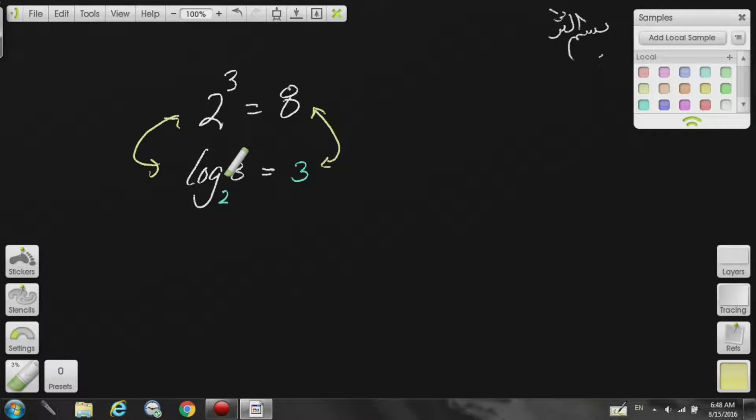The term log is short for logarithm, meaning a process or a guided set of rules, so to speak. The first thing we have to learn is to speak the language of logs. In other words, we have to be able to convert equations like this to equations like this, and vice versa. It's like converting English to Arabic, Arabic to English. We should be able to translate these two equivalent statements.